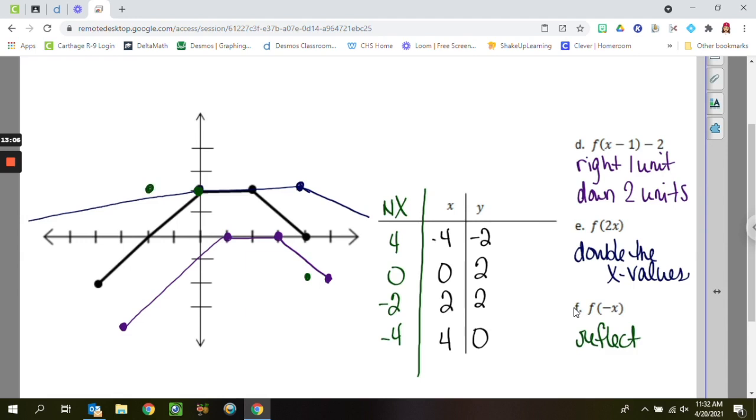And I'm going to graph -4, 0. So which axis did this reflect across? Y-axis this time.